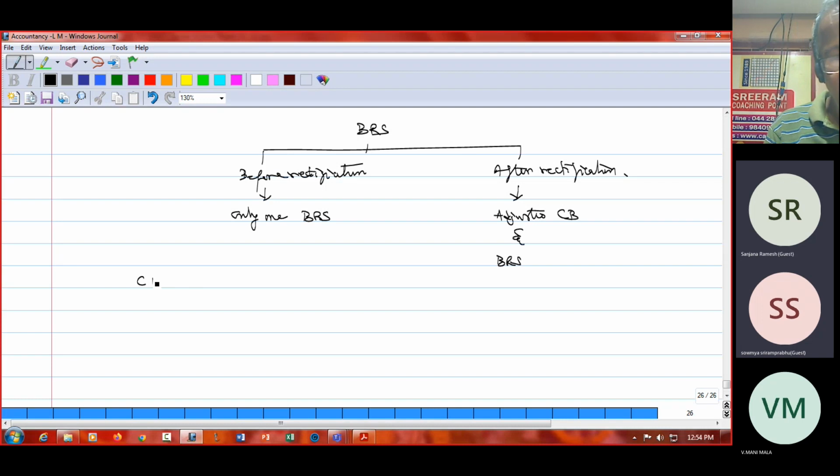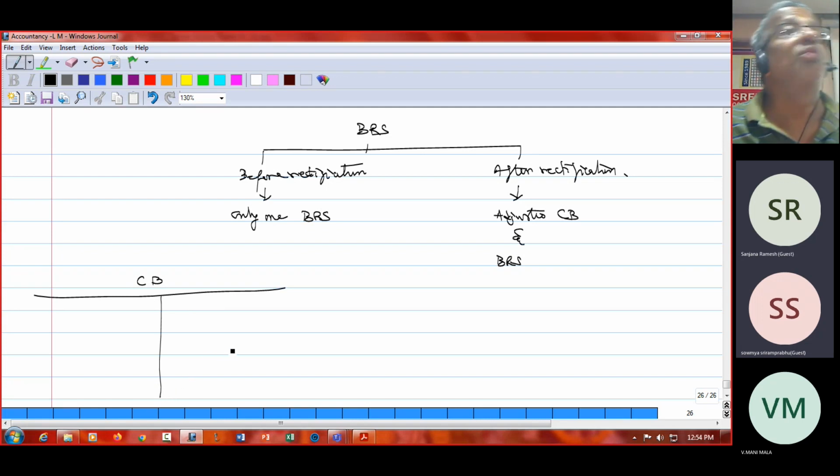Now, in the cash book, we will have two columns, one for cash, the other one for check. So from now on, whenever I am referring to cash book, it is only bank transactions. We just don't have to say bank column every time. Cash book means we will record check transactions, bank transactions there.